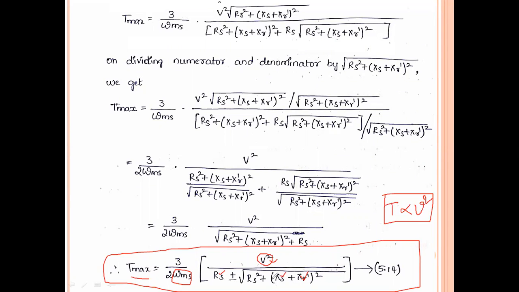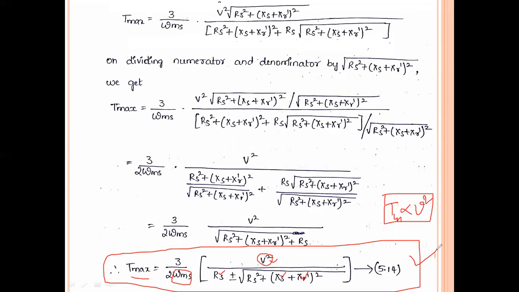If a motor is already designed, we cannot change the windings. The synchronous speed is also constant, because 120 f by P, for a fixed frequency and fixed number of poles, is constant. 3 is a constant value, 2 is a constant value, omega ms is a constant value, and all other parameters are constant. That means the maximum torque is directly proportional to stator voltage squared.